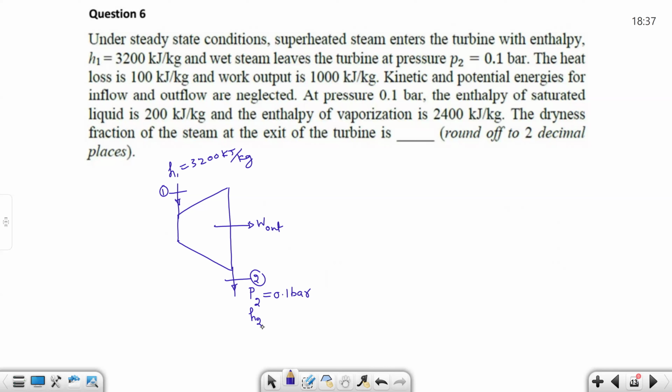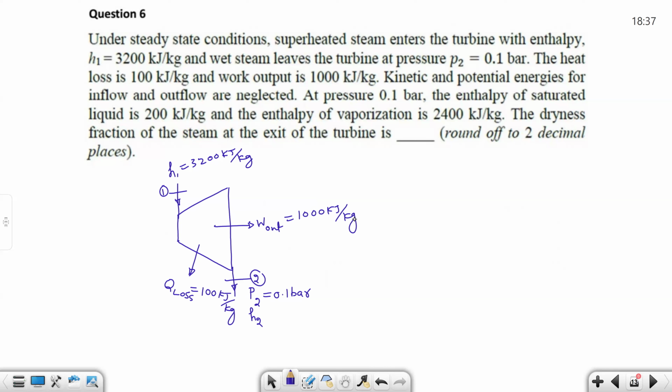There is a heat loss of 100 kilojoule per kilogram. Work output is 1000 kilojoule per kilogram. Kinetic and potential energy for inflow and outflow are neglected.